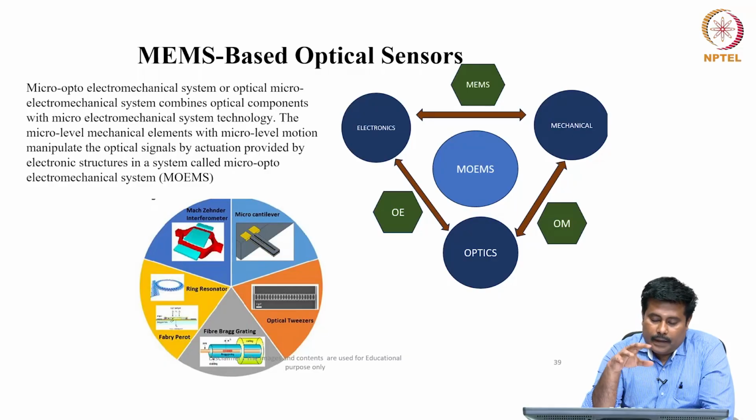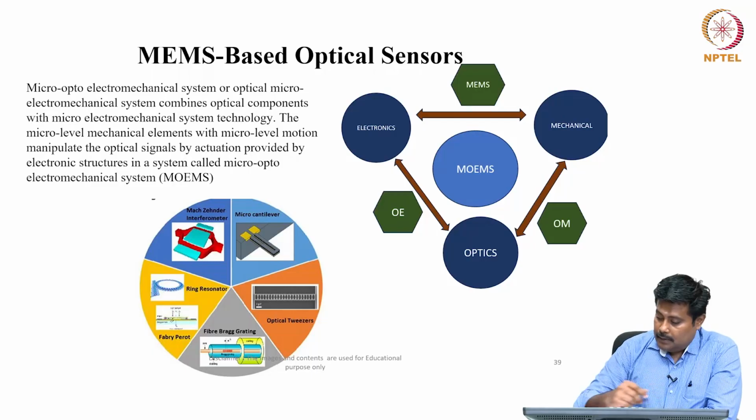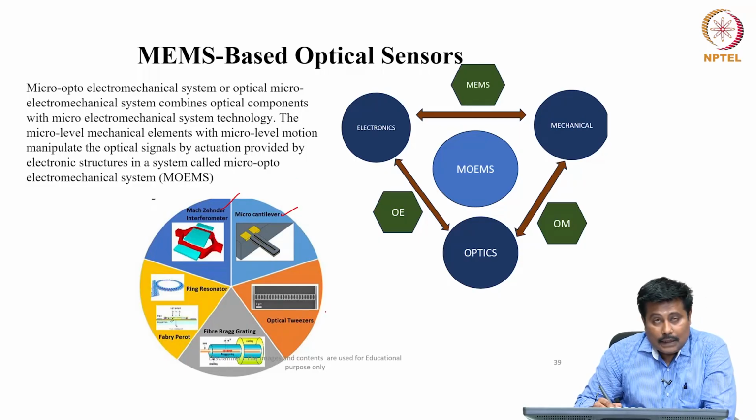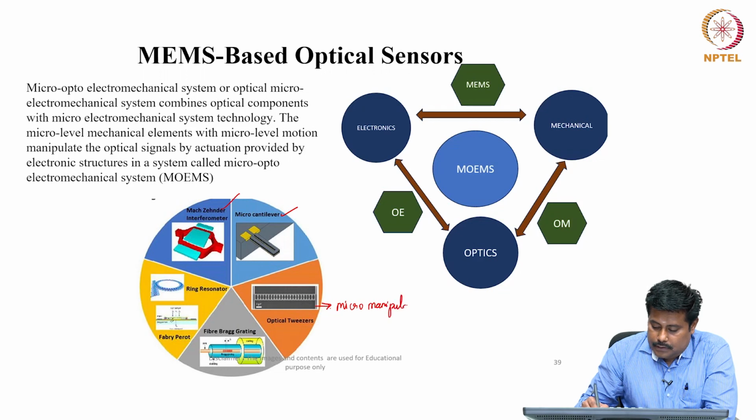Ideally, there are different types of such MEMS based optical sensors which are deployed for different functional applications. One includes a Mach-Zehnder interferometer. Then there is a micro cantilever, and optical tweezers, which are used for micro manipulation related applications.